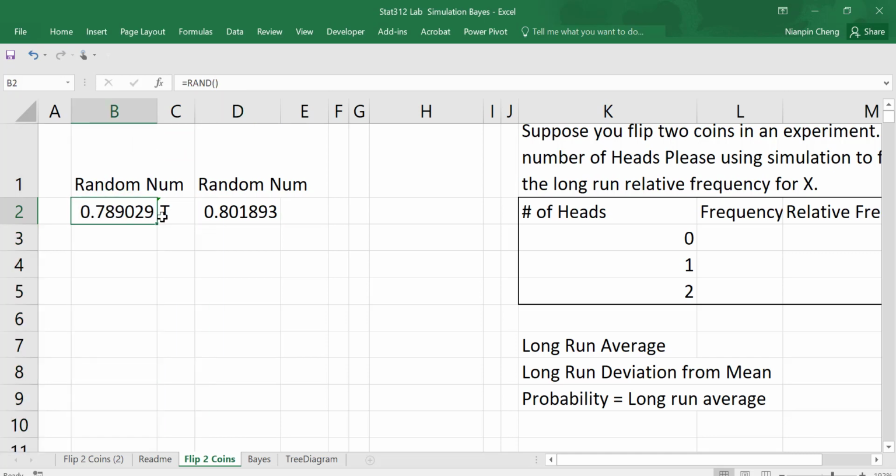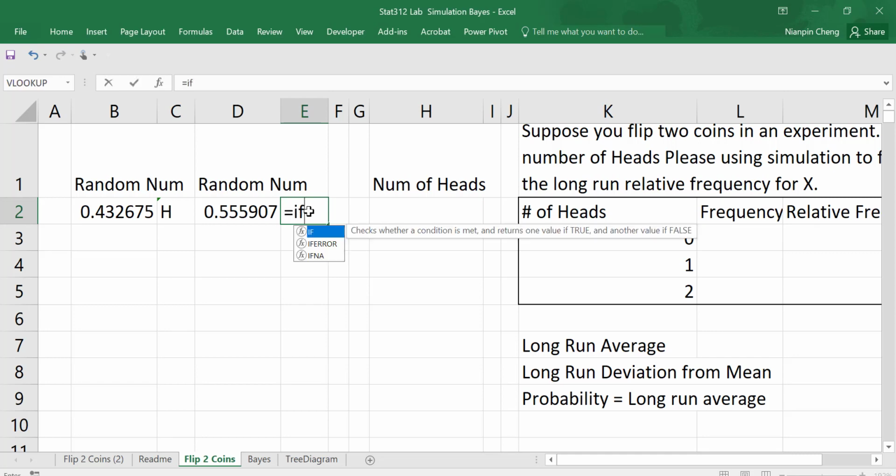So it's like you first flip the coin and then you try the second time. These two events are totally independent. So next, based on the random number, if this value is less than 0.5, that's a head, otherwise tail.